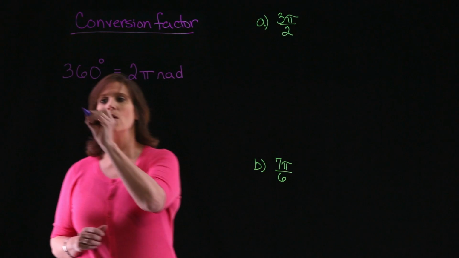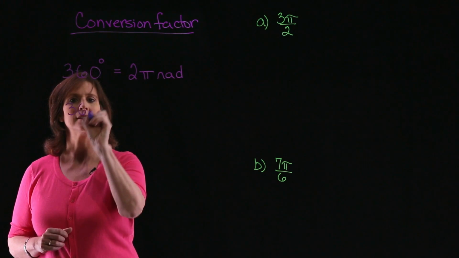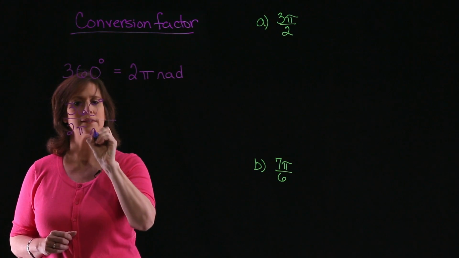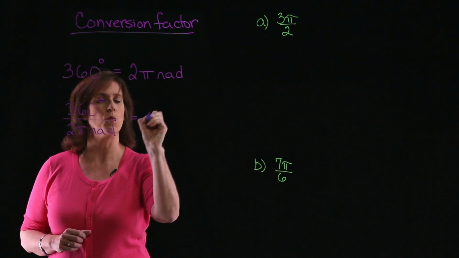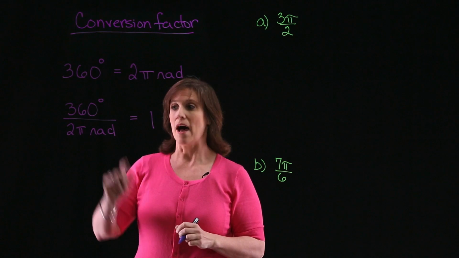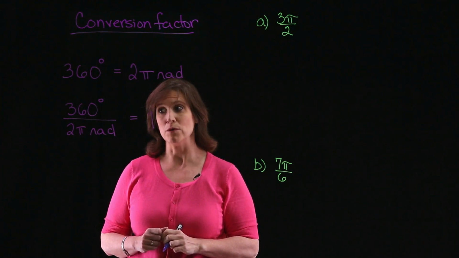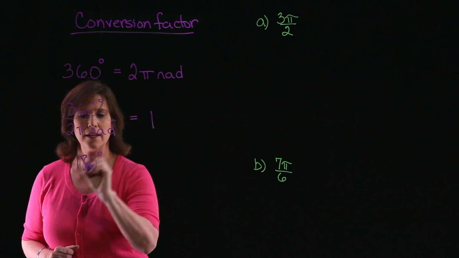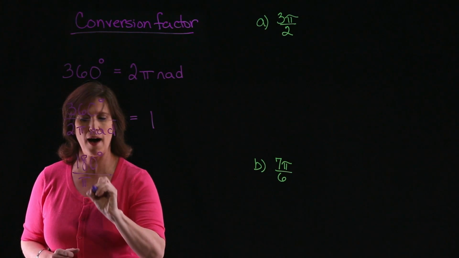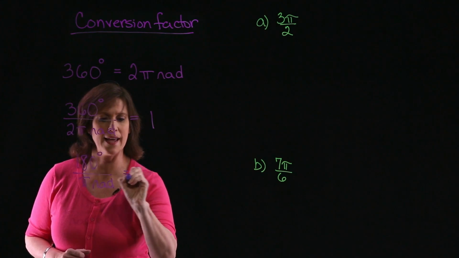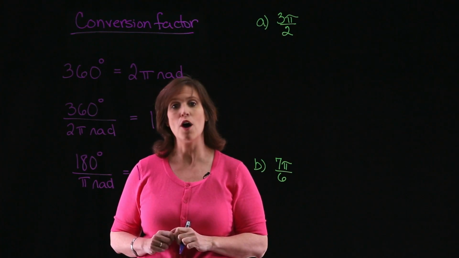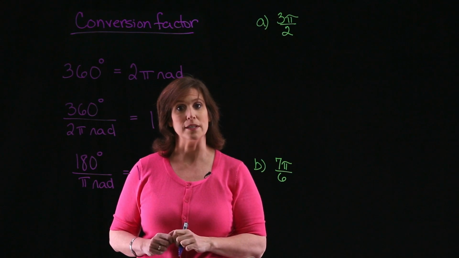When we do this, we get 360 degrees divided by 2 pi radians equals 1. Now, this fraction on the left-hand side can be reduced to 180 degrees divided by pi radians. And again, that equals 1. This is my conversion factor. It's going to help me go from radians to degrees.